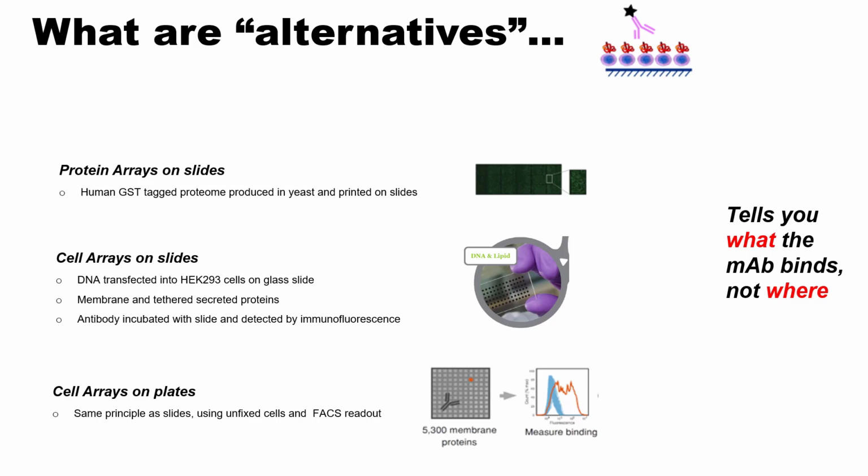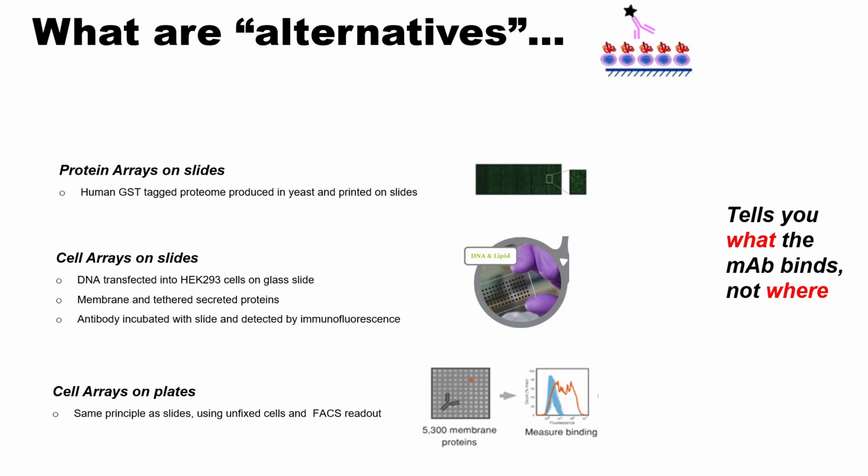So the question really is, what are these alternatives? And over the last several years, these have evolved to be in array format. Originally starting with slides that have random peptide libraries spotted on them and then panning the antibody against this with a fluorophore to see where it might bind.